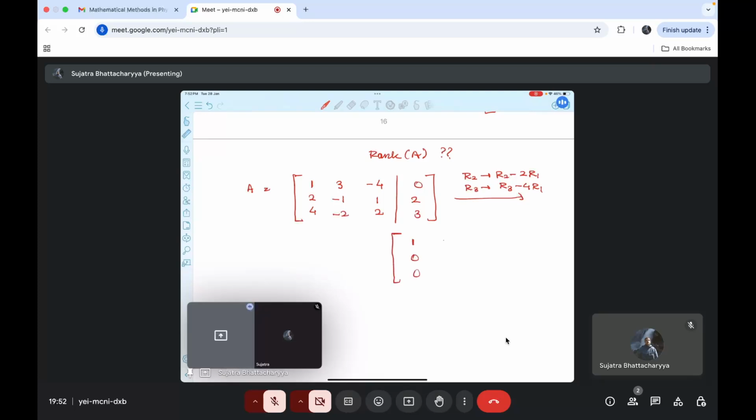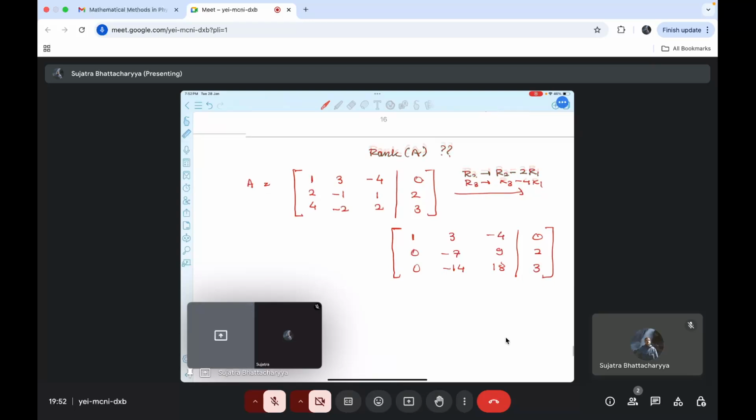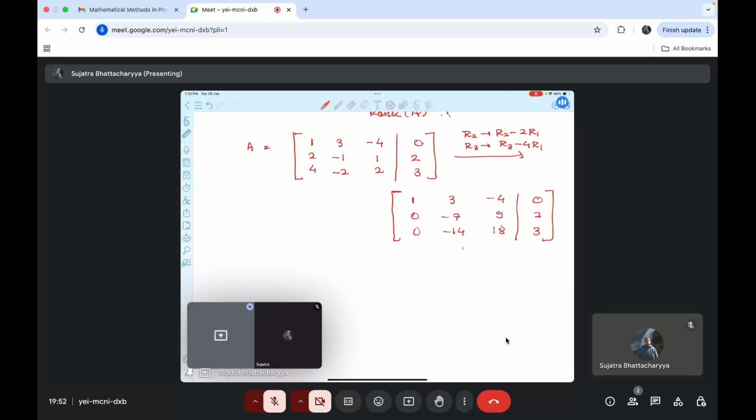This gives you, see, these are already being done. 3 minus 7 minus 14. This is minus 4, 9, 18. Now, extra step, this has to be solved. So it is 0 initially, and this will be 2 because this is 0, so this will not change. Fine. Next step is what?